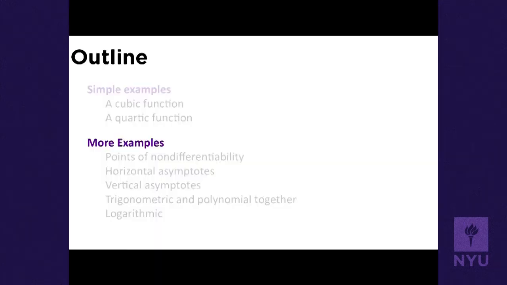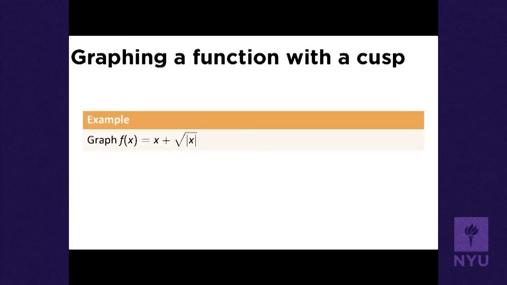Why don't we take a look at some of the other examples here, like this function here, f of x equals x plus the square root of the absolute value of x. Okay. So everything was hunky-dory when we were doing algebra or polynomial functions, but when we start throwing in things like absolute value, students start to get a little bit worried.